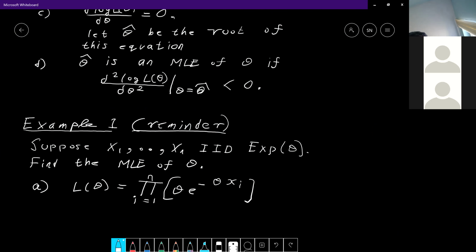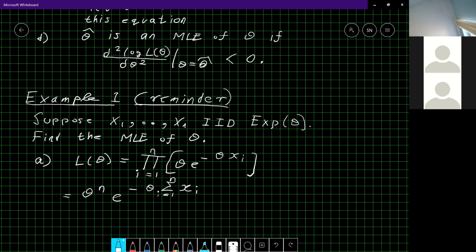If you take the product of this, you get theta to the power n e to the minus theta times the sum of x_i. So this is the likelihood.